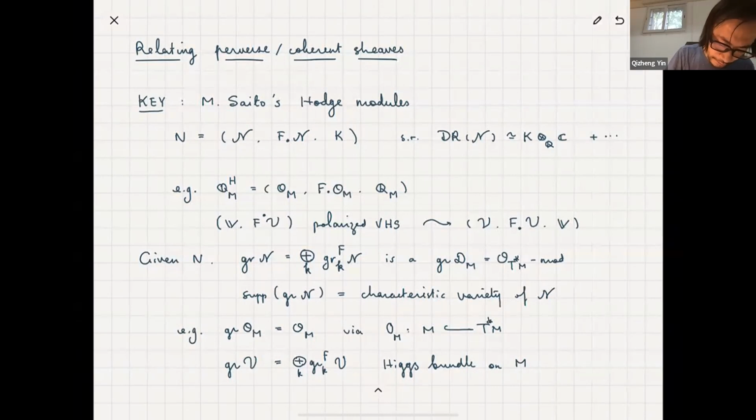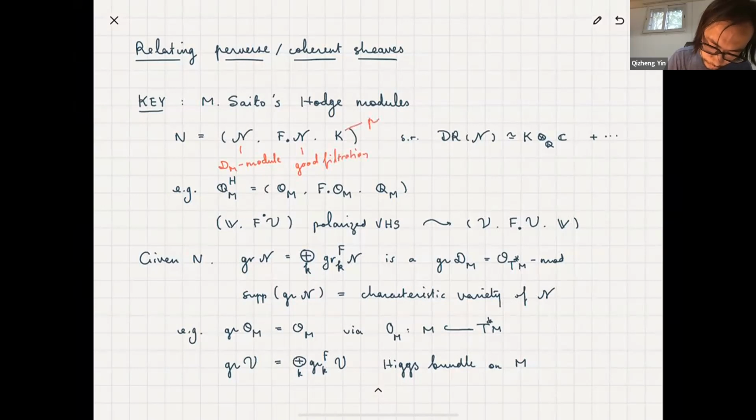So the objects, a Hodge module will be, say, a triple (N, F, K) where N is a regular holonomic D module on my variety M, and F is a good filtration called the Hodge filtration. And K is my original perverse sheaf.